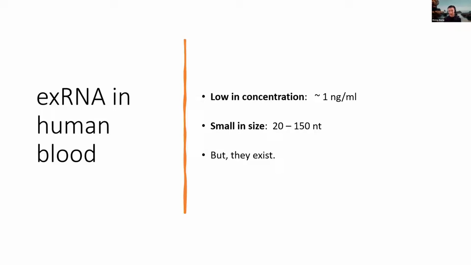And these extracellular RNA typically are smaller than full-length messenger RNA. We measured them to be most likely between 20 and 150 nucleotides in length. Now there are many other papers that quantified size and concentration, and I believe the range is generally accepted now. The bottom line is these molecular species do exist.